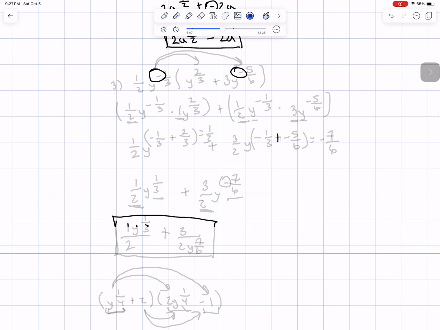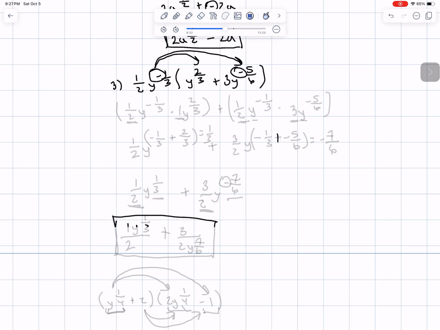This one's going to be a little bit more complex, but it's going to use the same method that we just used. So 1/2 y to the negative 1/3 times (y to the 2/3 plus 3y to the negative 5/6). Again, I'm going to distribute everything on the left-hand side into our parentheses.